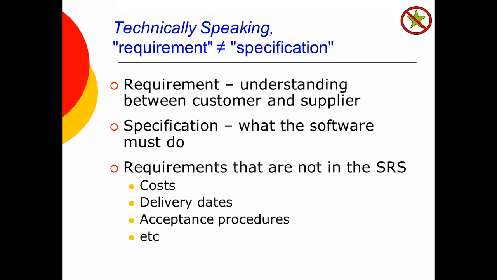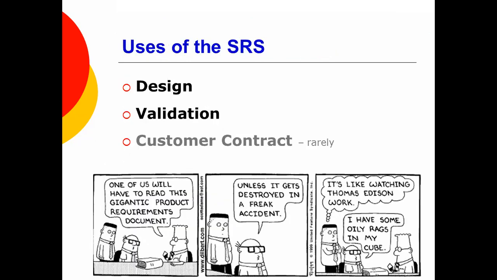What are those terms? We are not including cost. We are not including delivery dates. We are not including acceptance procedures. So requirement is different from the specification. Requirement is between the customer and supplier. Specification means what you are going to develop in the software. So you will always design or develop the software as per the need or the requirement of the organization. So this is just the difference between the requirement and the specification.